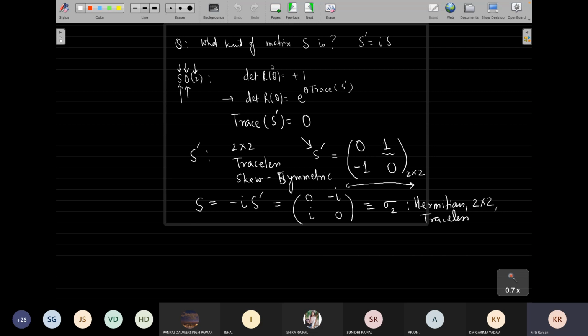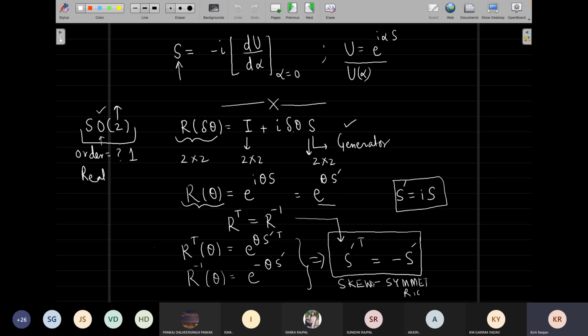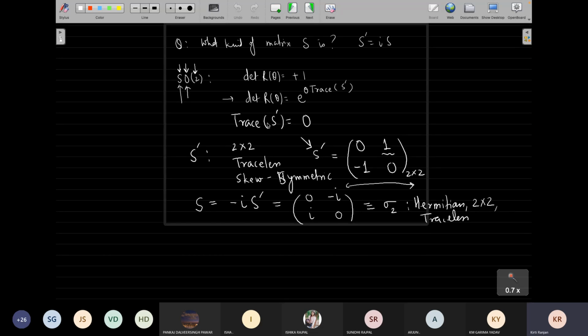What is the structure? The group structure of SO2 is such that we are talking about matrices which are 2 by 2, orthogonal, and have determinant equal to 1. So if I think about it in this way, the generator S prime will turn out to be skew-symmetric and traceless.